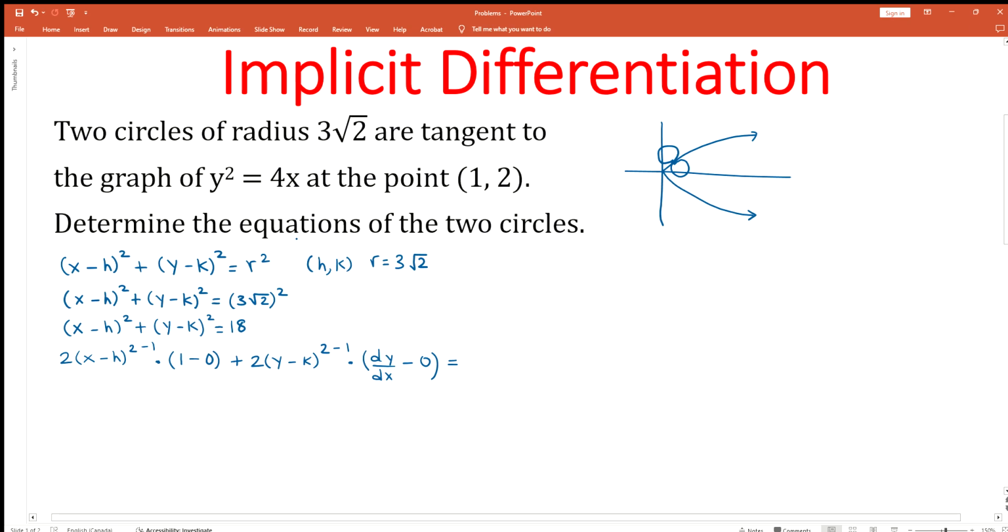On the right side, 18 is a constant, so its derivative is equal to 0. This is the derivative of the circle equation. Now we can simplify this step. The exponent on x minus h is 1. We can ignore the 1 in the exponent.